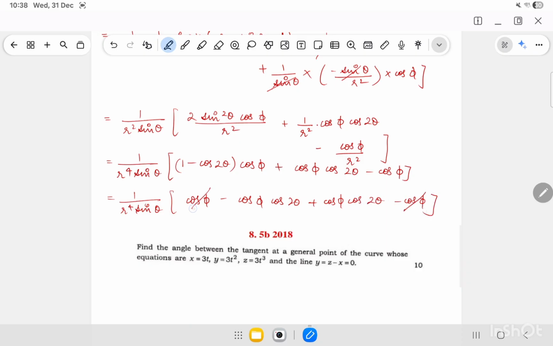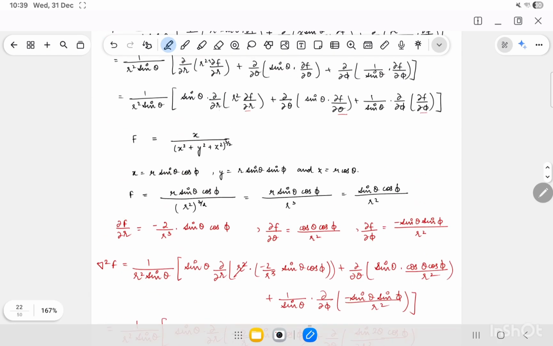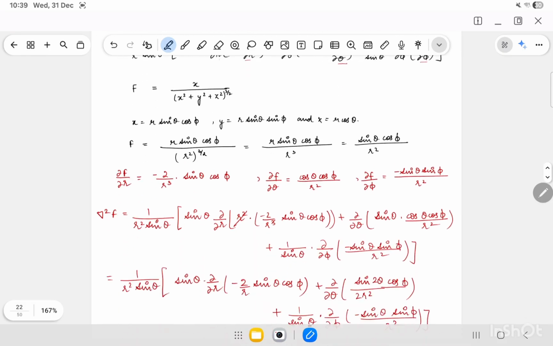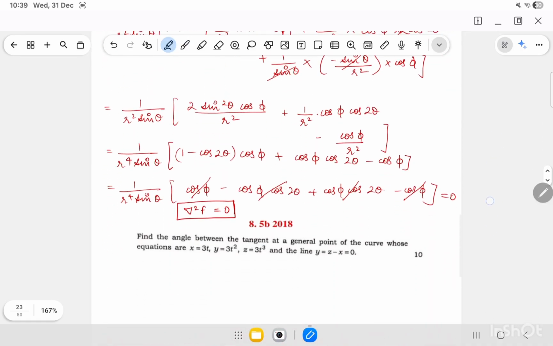This cos phi balances this and this one balances this, so this is equal to 0. So we got del square of given f as equal to 0, and so the value of this in spherical coordinates is basically equal to 0. Let's move on to discuss the next question.